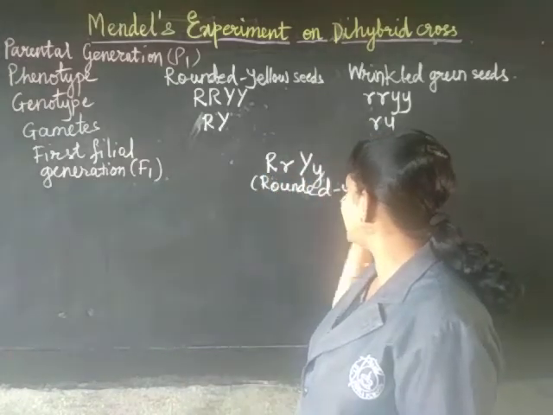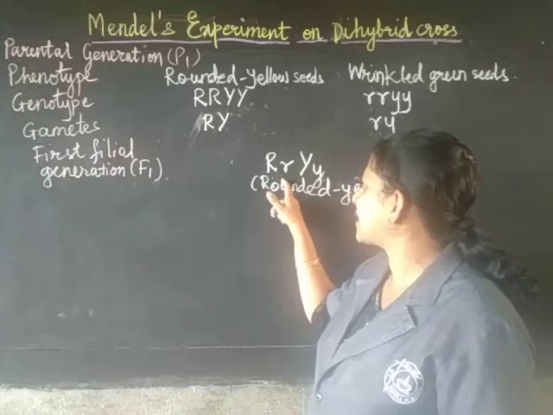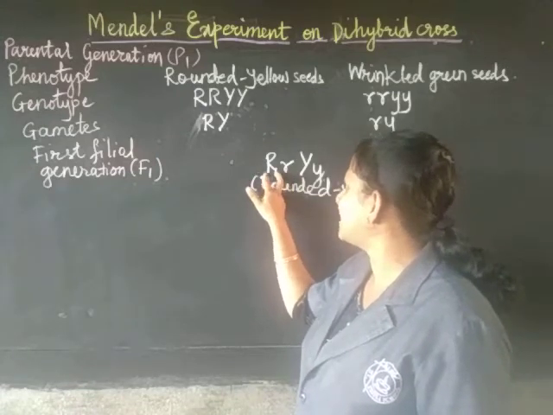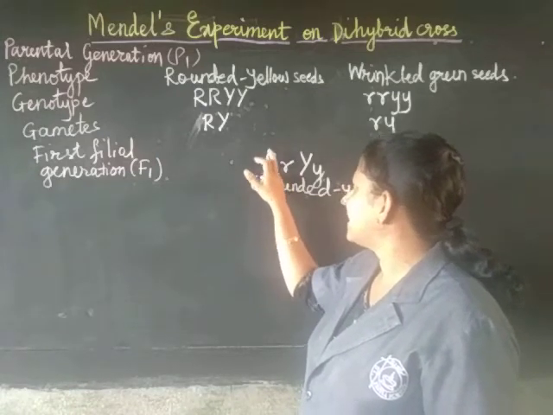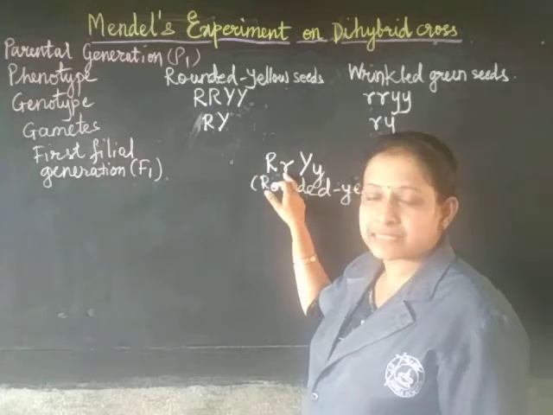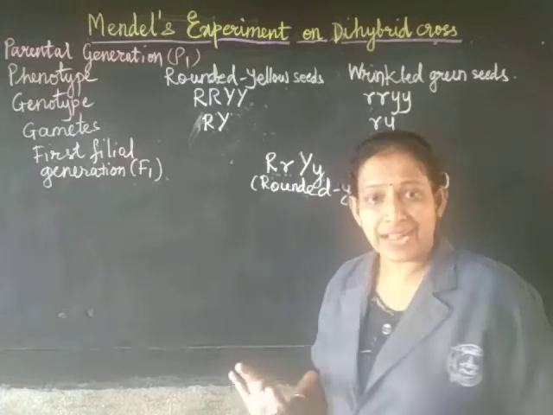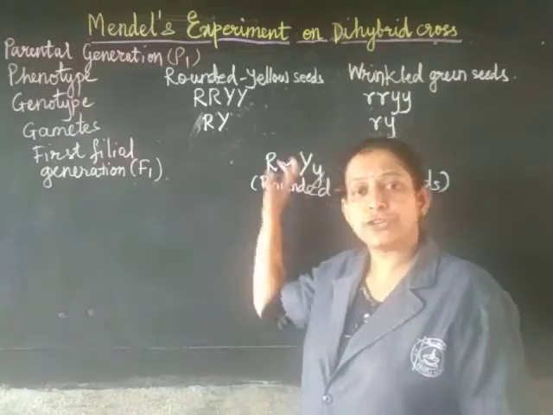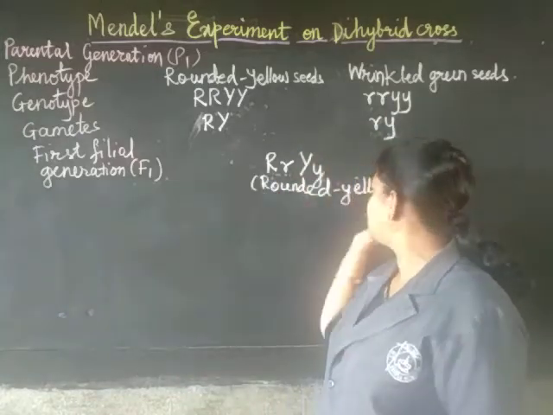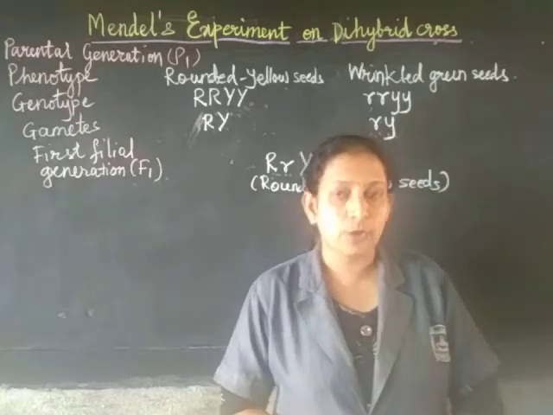Phenotypically they are rounded and yellow, but genotypically, one allele is capital R and the second one is small r. Here it is capital Y, small y. That was the genotype, but phenotypically all looked like rounded and yellow seeds.